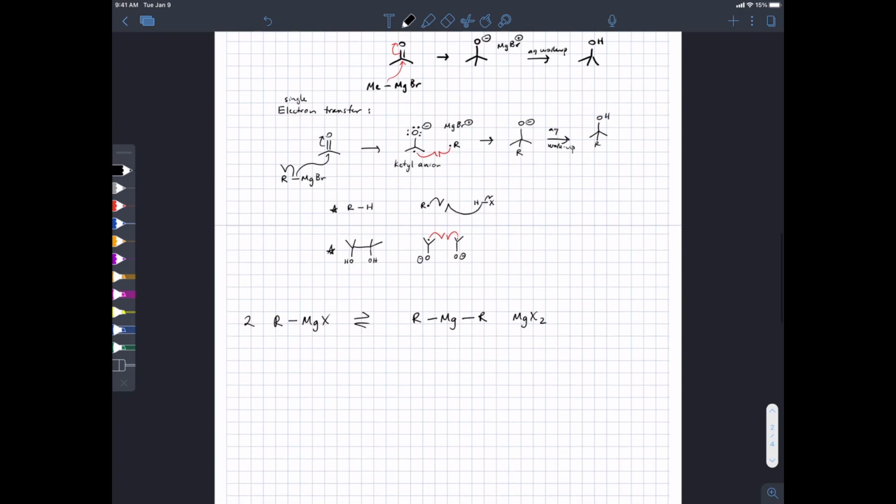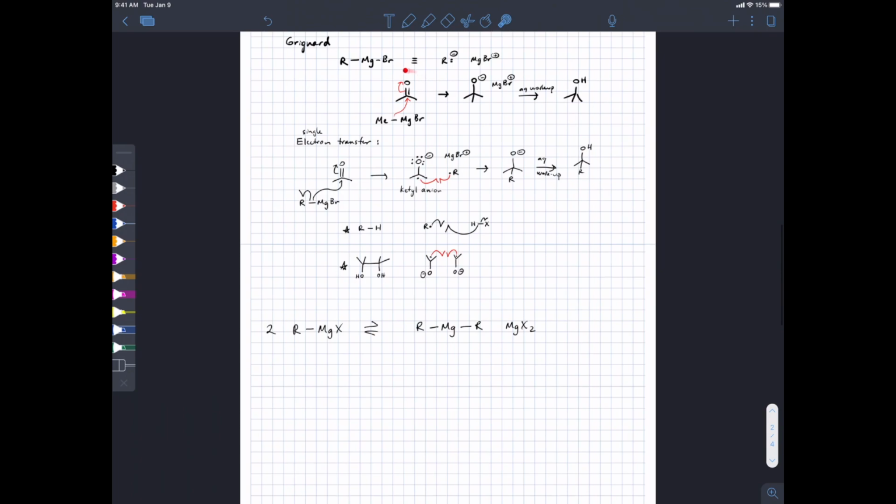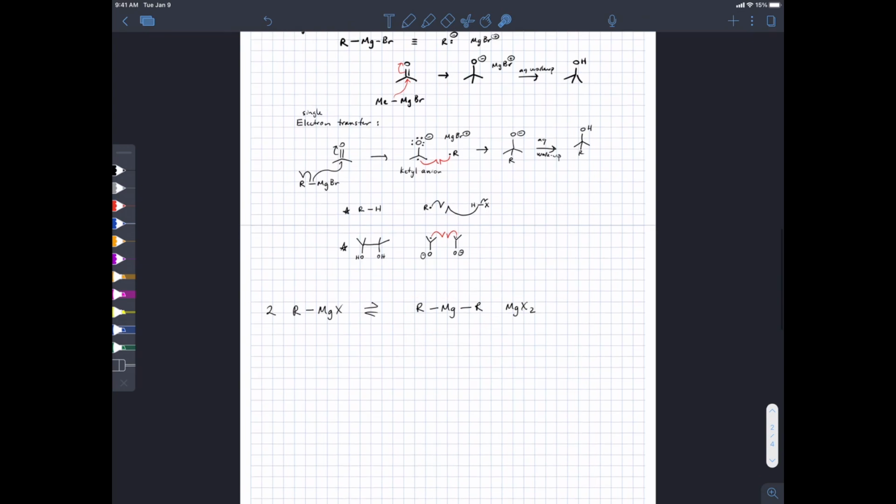And so it's sometimes not clear what the nucleophile is. It's fine to draw the mechanism like this. It's fine to draw it via this single electron transfer mechanism. But it's also possible that the species that's reactive is the magnesium that has two R groups on it.